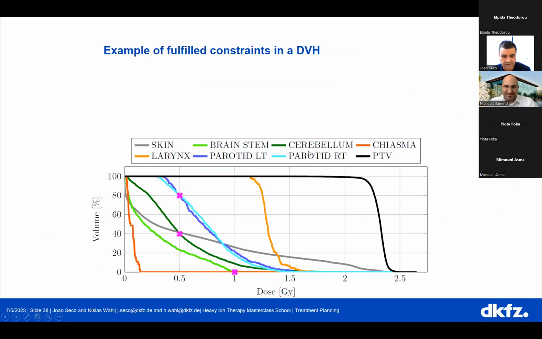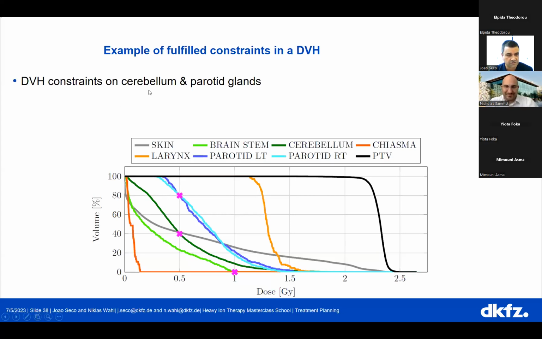The dark green is the cerebellum, and the light blue is the right parotid gland. These are things that the clinicians will draw. You will identify on the DVH that these are the constraints that the plan has to sustain, and so you build an optimizer to be sure that you get below these points.